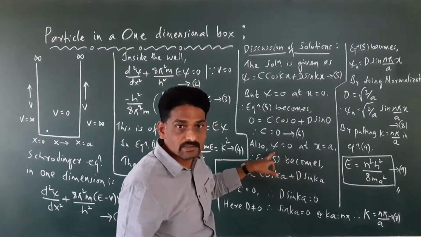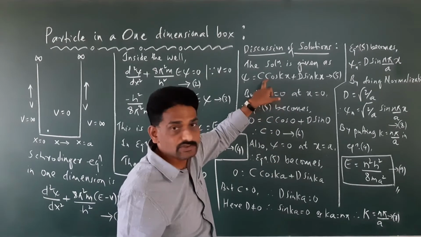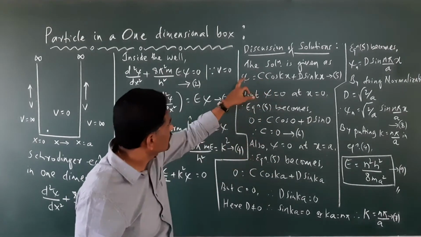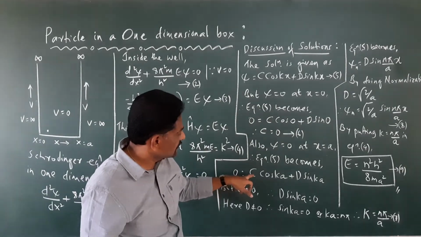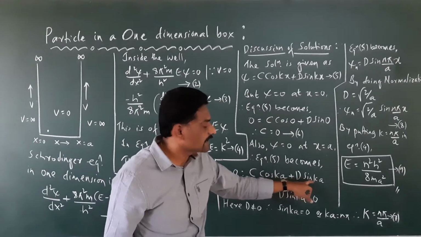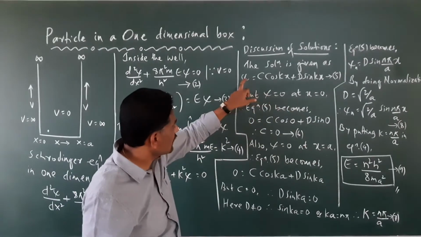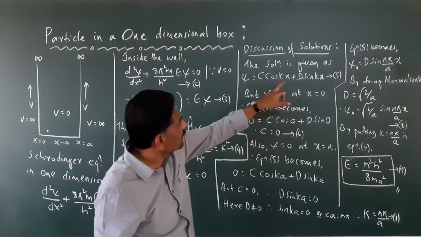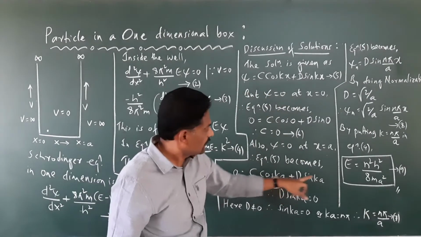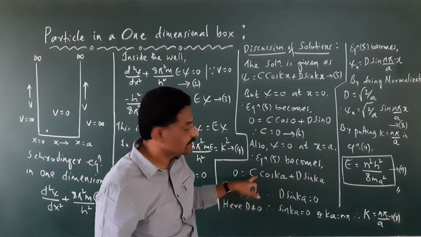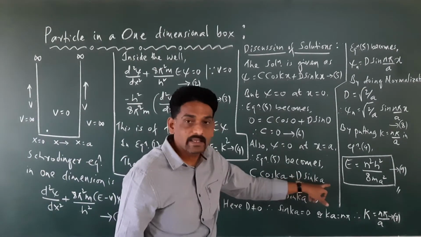So if you apply this condition to this equation, what do we get? We get psi equals 0 equals c cos ka plus d sin ka, by putting psi as 0 and x as a. So we get 0 equals c cos ka plus d sin ka.